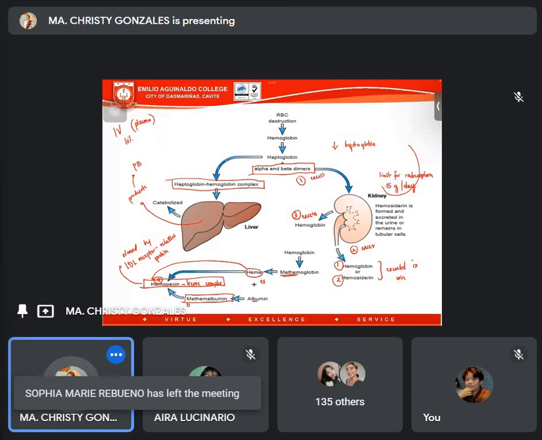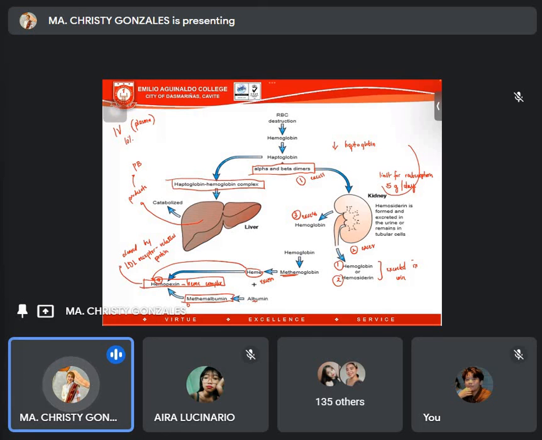Once there is more excess of heme from the methemoglobin, your albumin will bind to it, forming methemalbumin. Once the hemopexin is available, the albumin will let go of the heme to bind it with your hemopexin. Again, same process, it will be cleared by your LDL receptor-related proteins.